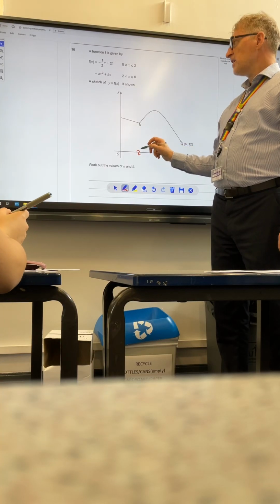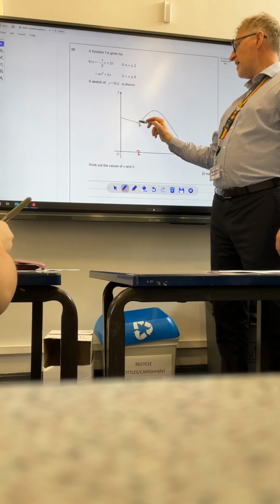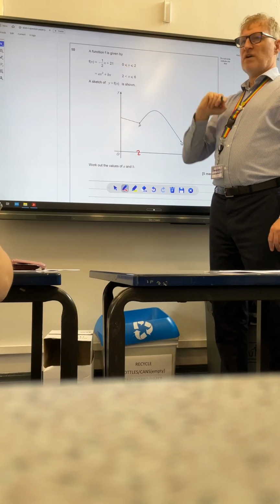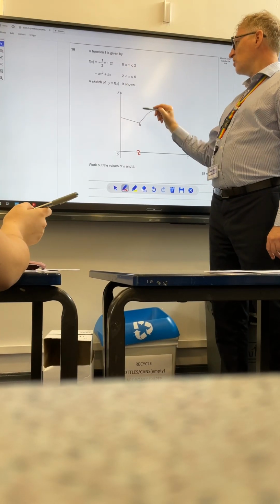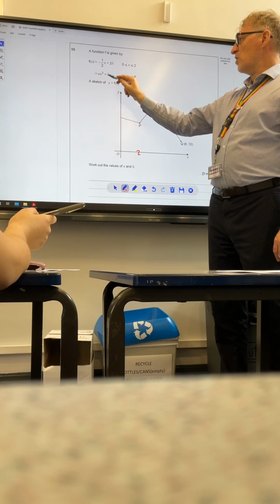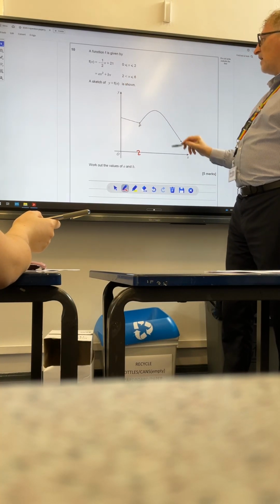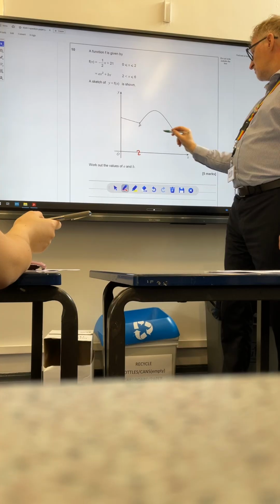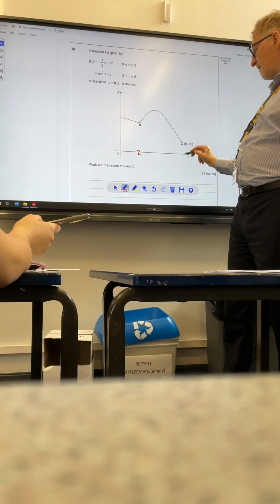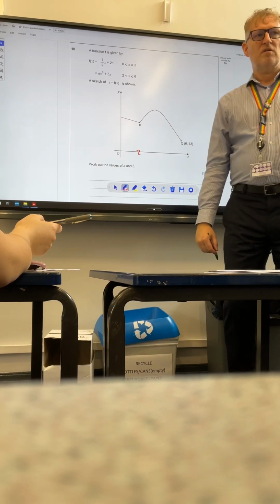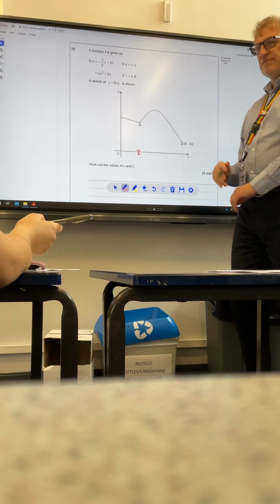We just got the straight line graph bit. That line is minus half x plus 21. Then, at 2, it turns into a quadratic, ax squared plus bx. And you can see that looks like a quadratic. And we know between 2 and 6, so you can see q ends at 6, is this quadratic graph.